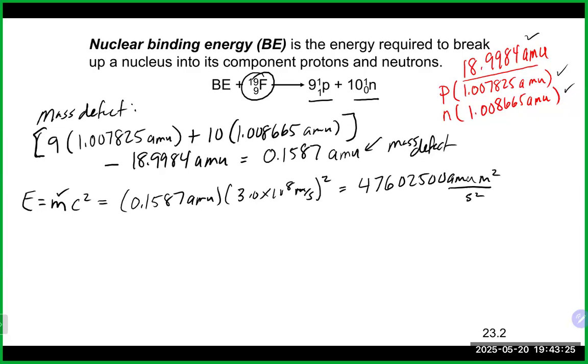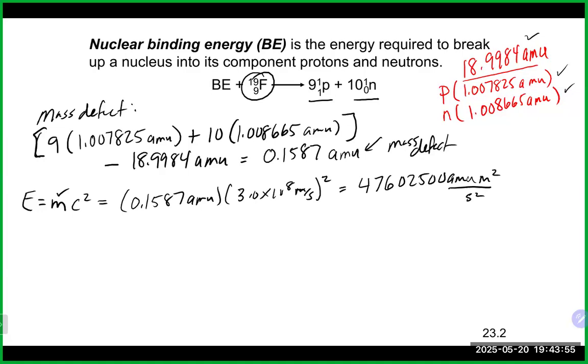Now, these units are not really the units we're looking for. We are looking for joules, but maybe you'll recognize that it is fairly close. Just to make sure I punched everything right, 0.1587 times 3 times 10 to the 8 squared.